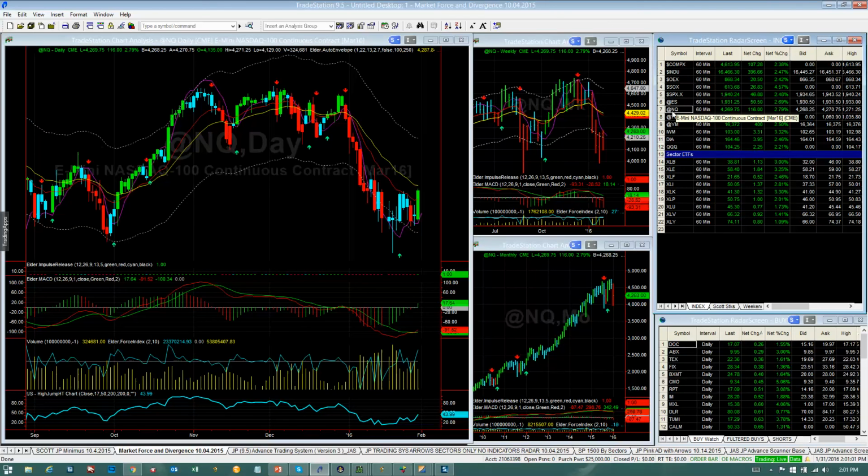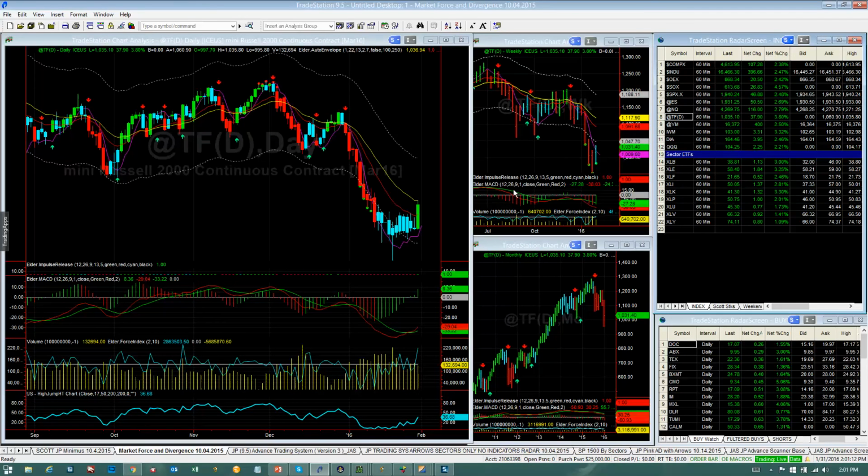The Nasdaq futures, the NQs, similar story: short-term buy signal, green bar, intermediate and long-term still look like they're in a downtrend. Russell 2000, similar picture. Here's one of the challenges with MACD divergence. There is evidence of MACD divergence back here, yet the stock kept selling off.